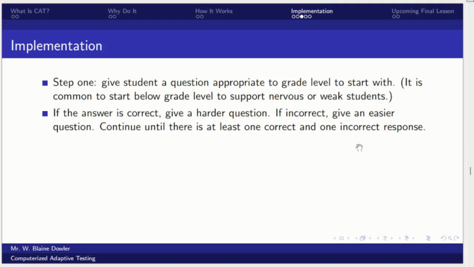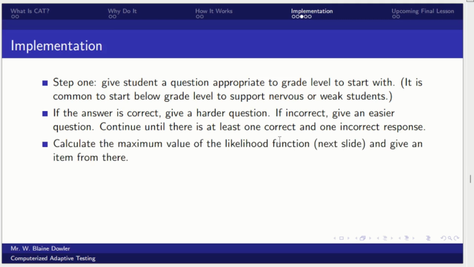Individual test creators can decide what algorithm they use to pick the next question, how far apart they are in difficulty. And that algorithm can get pretty sophisticated. Once you have both, then we can use other functions we're about to see. So you calculate the maximum value of the likelihood function, which we'll define on the next slide, and give an item at that level of ability.